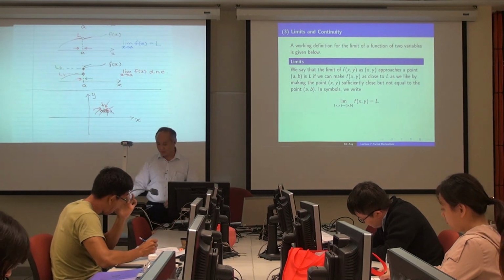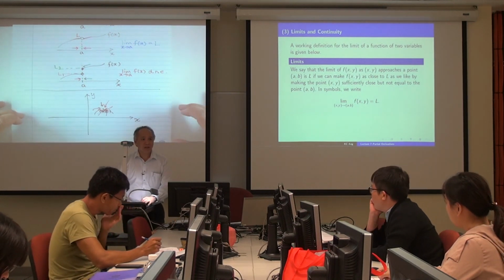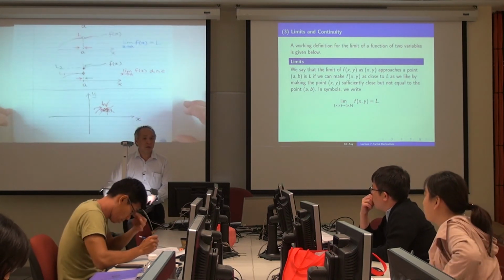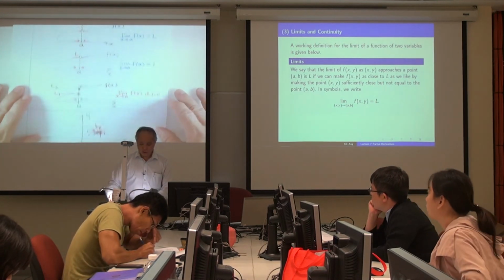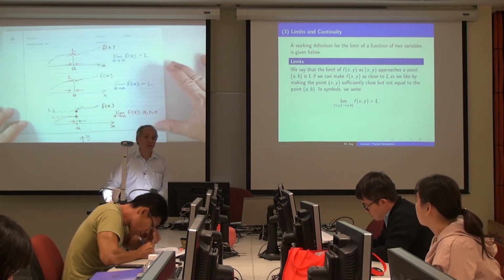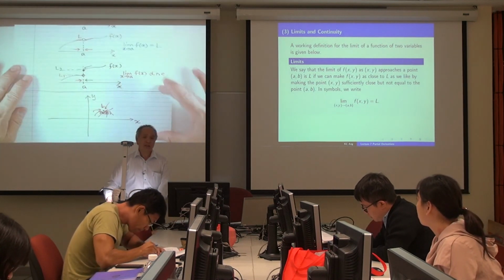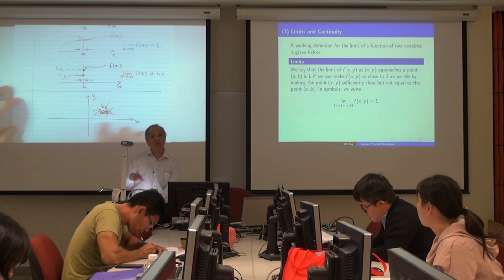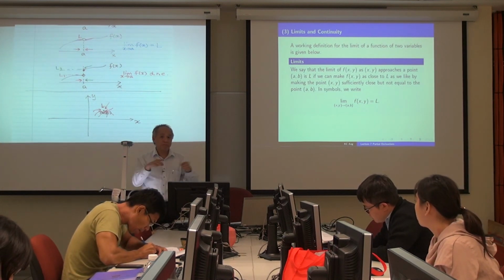So are we clear on the understanding of the limit of a function of two variables in comparison to the limit of a function of one variable? If you can understand this, it's just extending the same idea, except that now you don't have just two directions, you have all over.